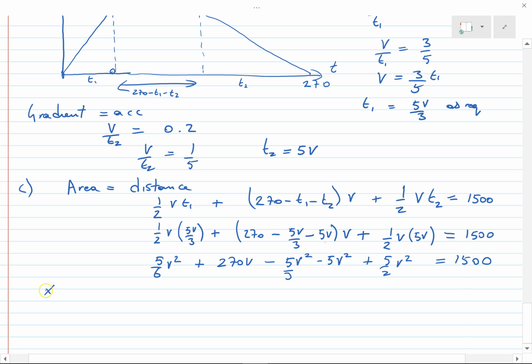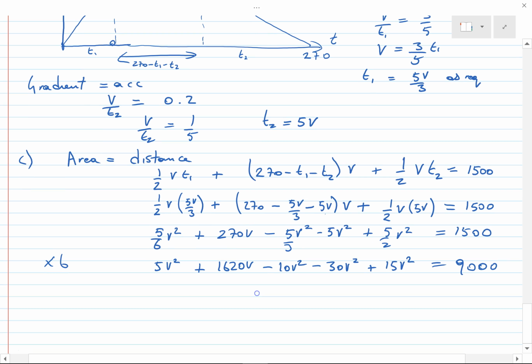So now I'm going to times by 6, just to get rid of the fraction. So we've got 5v squared there. This bit here will be 1,620v. This will be equal to 10v squared. This bit will be equal to 30v squared. This bit here will be equal to 15v squared. And then 1,500 times by 6 is equal to 9,000.